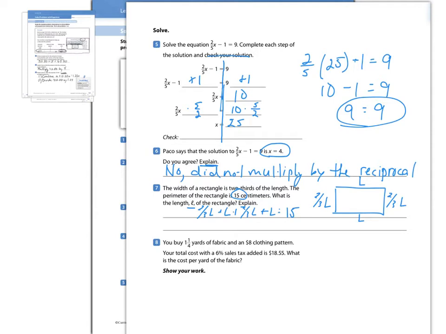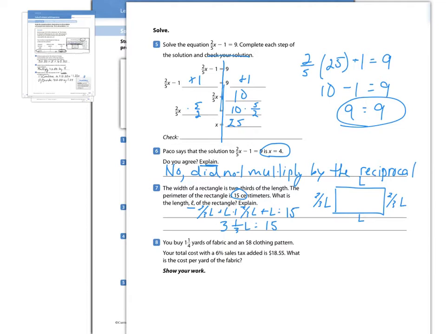Combine like terms. 2/3 plus 2/3 plus L plus L. If we combine those like terms, that gives us a total value of 3 and 1/3 L equal to 15.